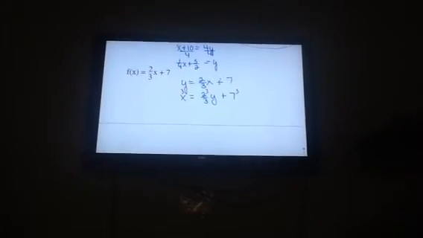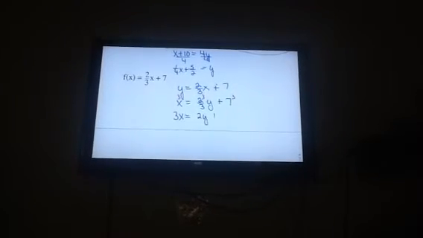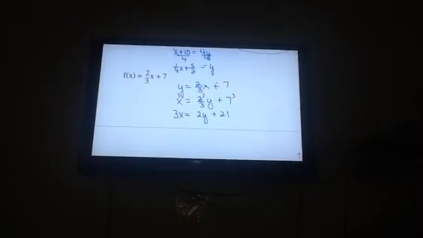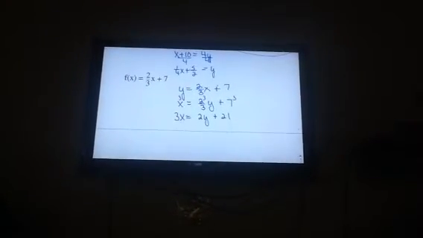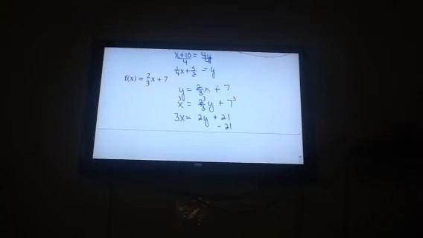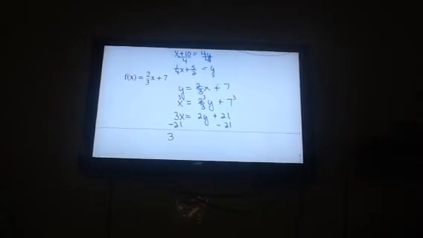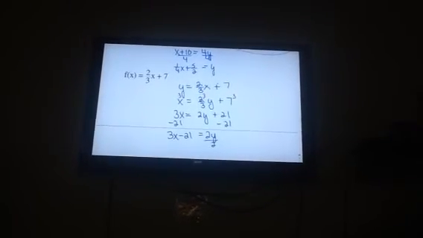So it's been a while since you've done something like this. So 3x equals, my 3's cancel, which is why I did it, 2y plus 21. So my 3's cancel here. Subtract the 21. So I have 3x minus 21 equals 2y. And then divide by 2.